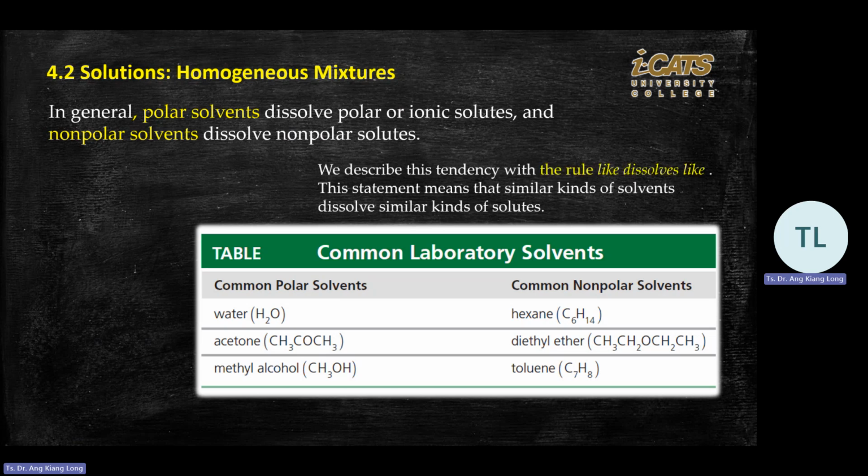So don't confuse chapter 3 content and chapter 4 content. This is a tendency. We use the rule "like dissolves like", so they will dissolve a similar kind of solute.